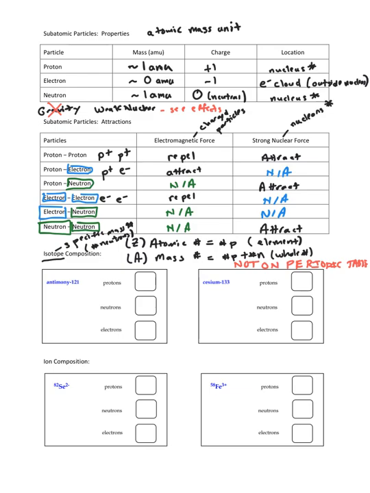So if we look at our first example here, we have antimony-121. This is the element. 121 is the mass number. And so one of the things to keep in mind is the element tells us what our atomic number is.